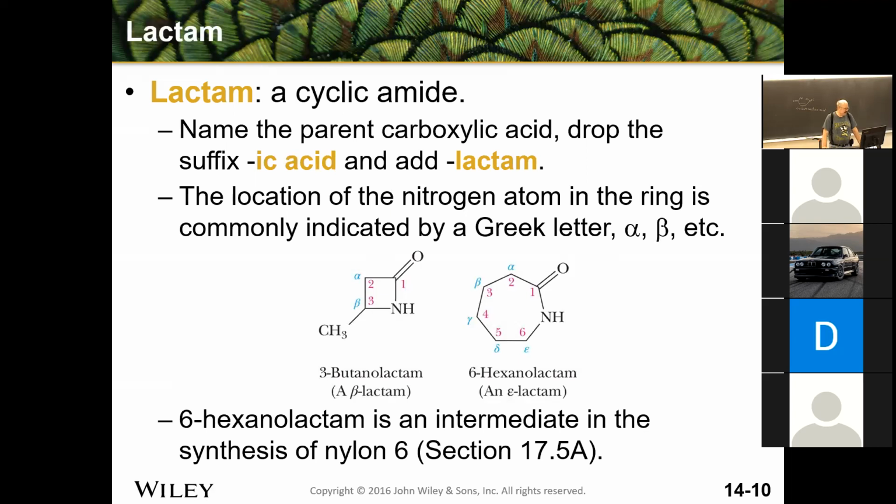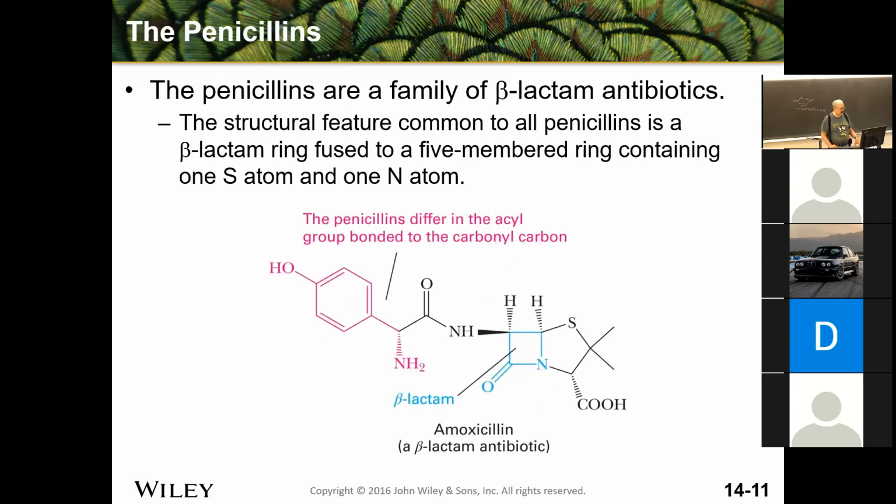Okay, the one on the left, not specifically that compound, but the beta-lactam group, the 4-membered cyclic amide, is an important component of penicillin and cephalosporin type antibiotics. So here's a penicillin antibiotic called amoxicillin. And the different penicillins will contain different functional groups, here shaded in pink.